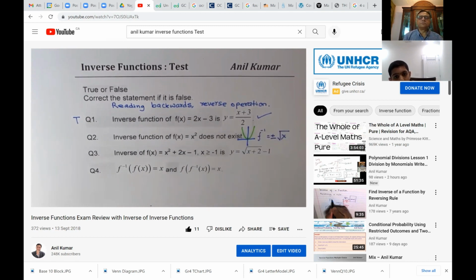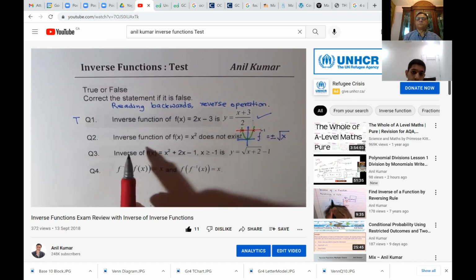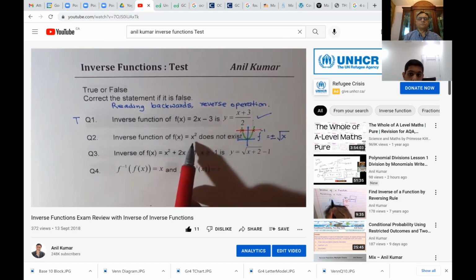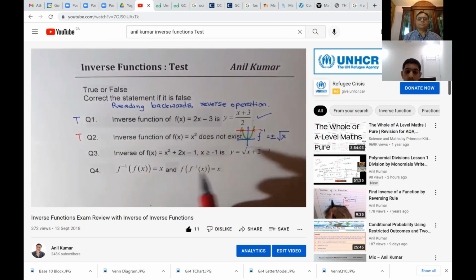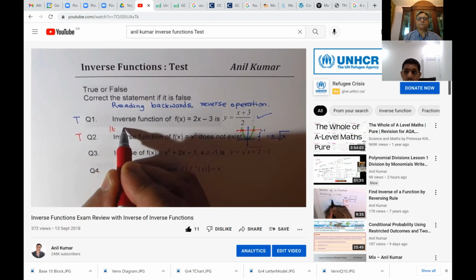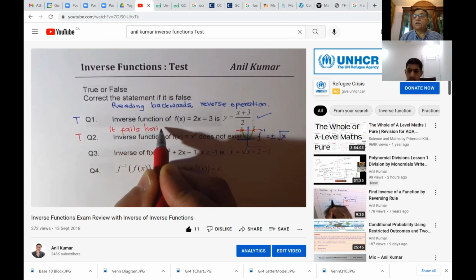Because instead of adding one, they subtracted one. Correct. So it is not completing the square.